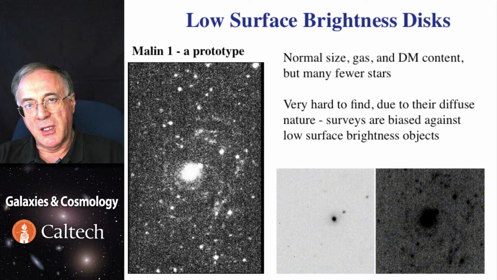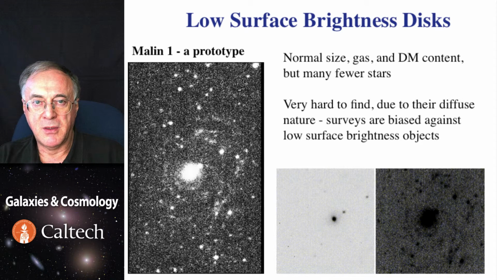And the interesting thing about these galaxies is that they seem like normal spirals in every other way, in terms of the amount of gas, rotation curves, total masses, and so on, except they haven't made many stars in their disks. And the reasons for this are still unclear.